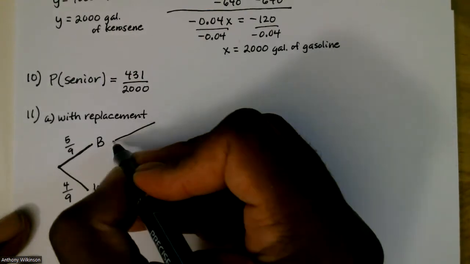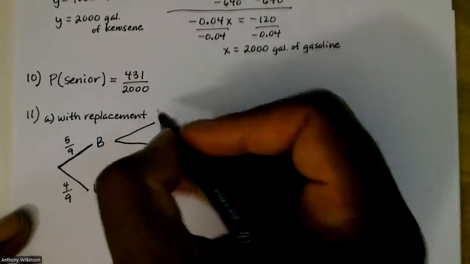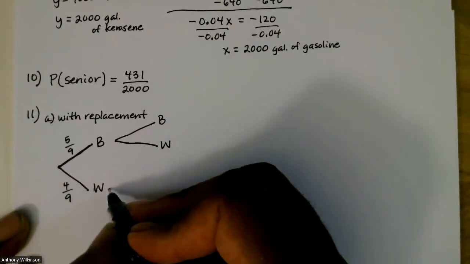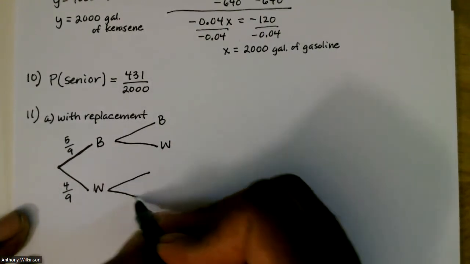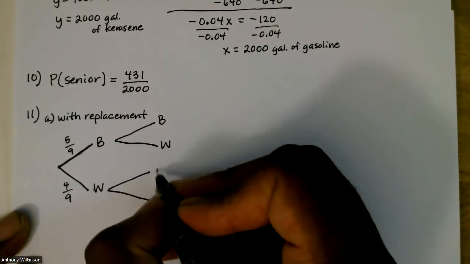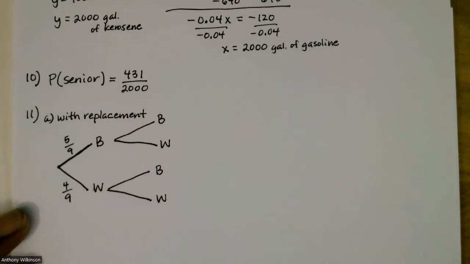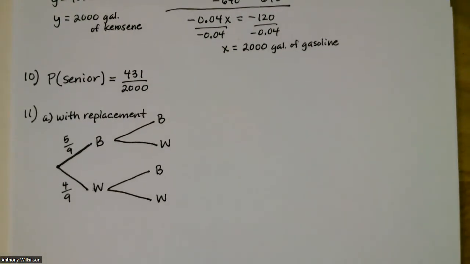This next branch represents the second draw. It's either going to be a black or a white if the first one was black. And if the first one was white, it's going to be black or white. And notice that the probability is going to be the same, because on the second draw, what we drew out, the first one will go back in the box for our second draw.